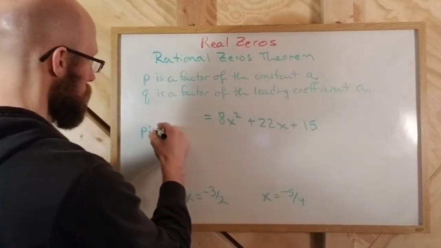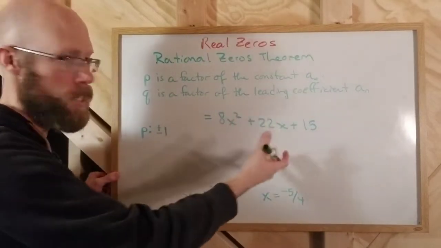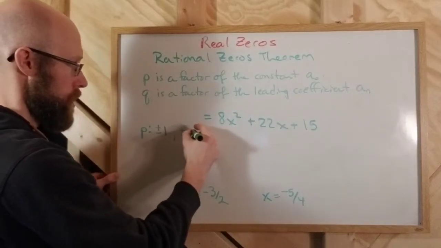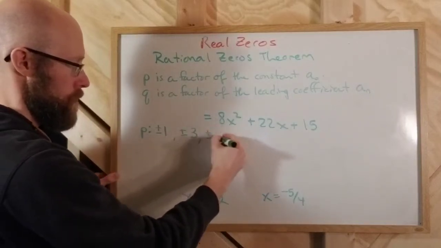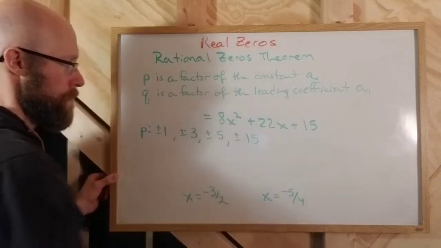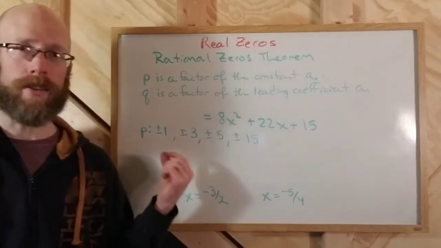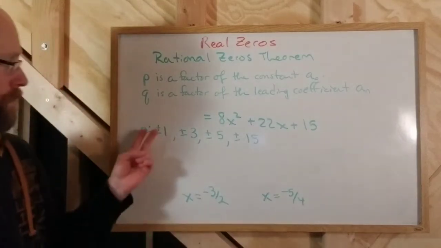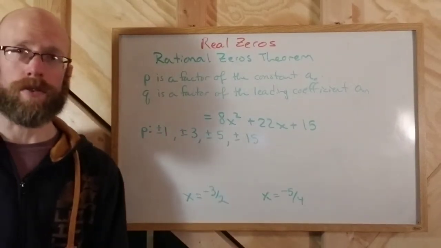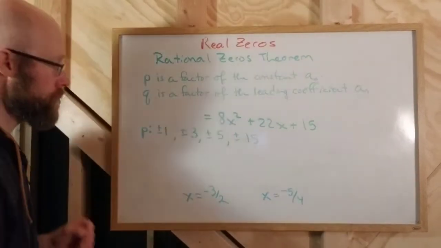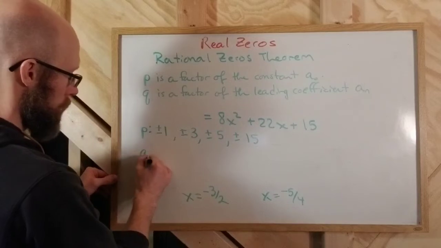This is any integer that divides 15: plus and minus 1, plus and minus 3, plus and minus 5, plus and minus 15. So there are technically 8 numbers here that are all factors of 15, the positive and negative version of each of 1, 3, 5, and 15. If I look at factors of 8, those would be my denominators.